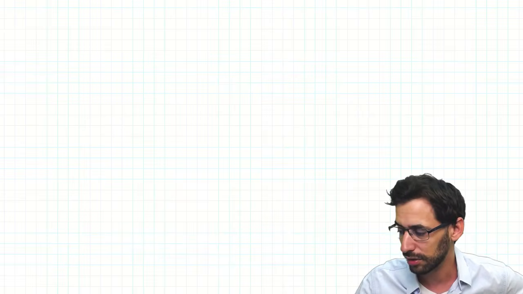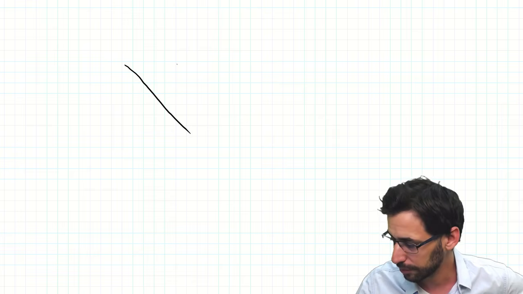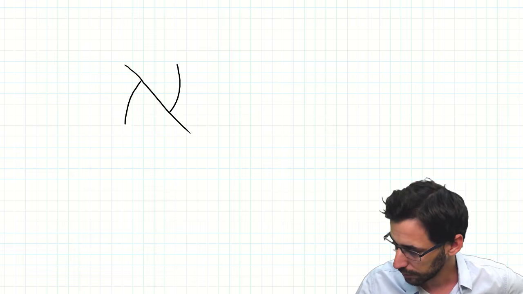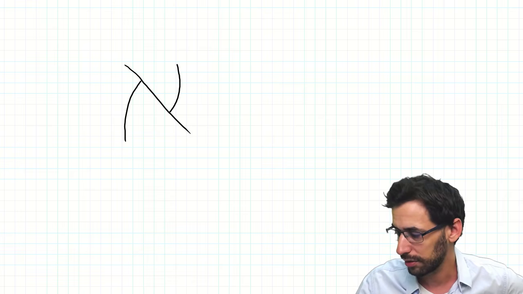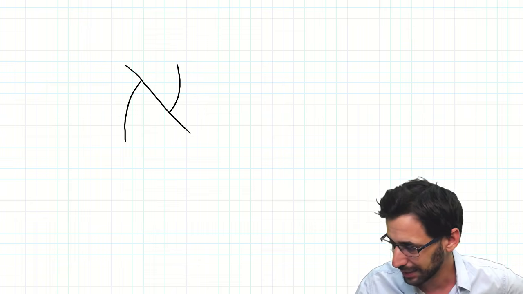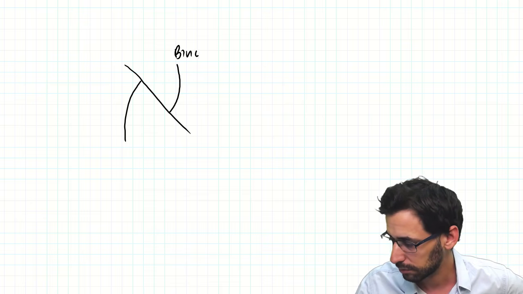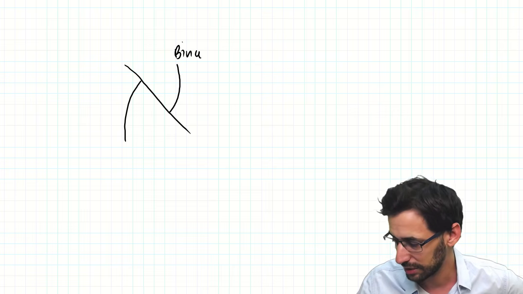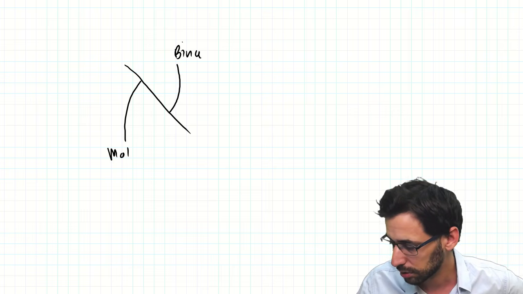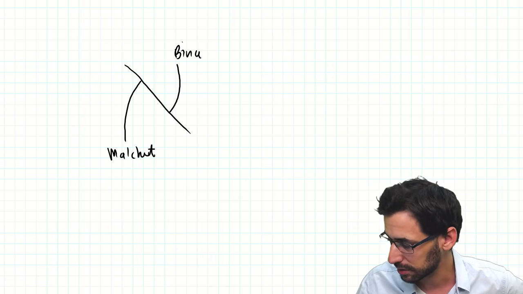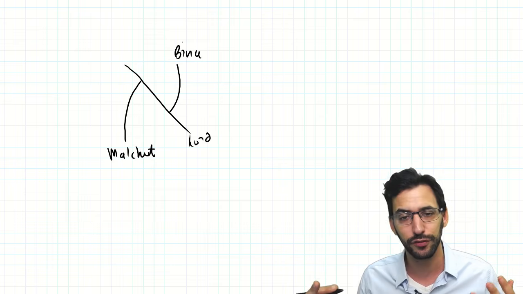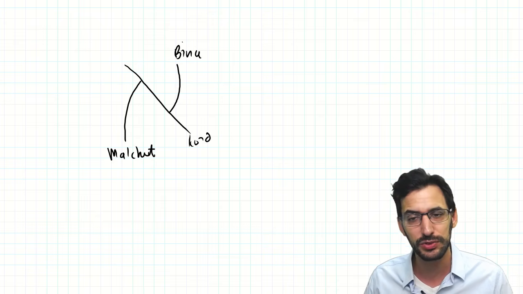So for example, the letter aleph in Hebrew. This line represents the force of bina. This line represents the force of malchut. And this line represents the parsa between them, between malchut, the force of reception, and bina, the force of bestowal.